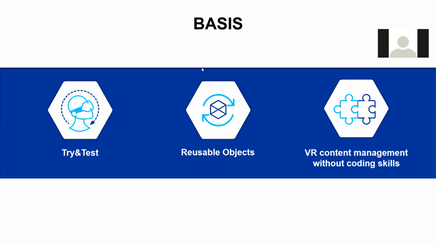And content management without coding skills. We were able to achieve content management without coding skills thanks to Google Blockly. I'm going to show it a little bit later, but to say a few words, it's visual coding with logic blocks that allow us to create interactions between objects without any kind of coding.